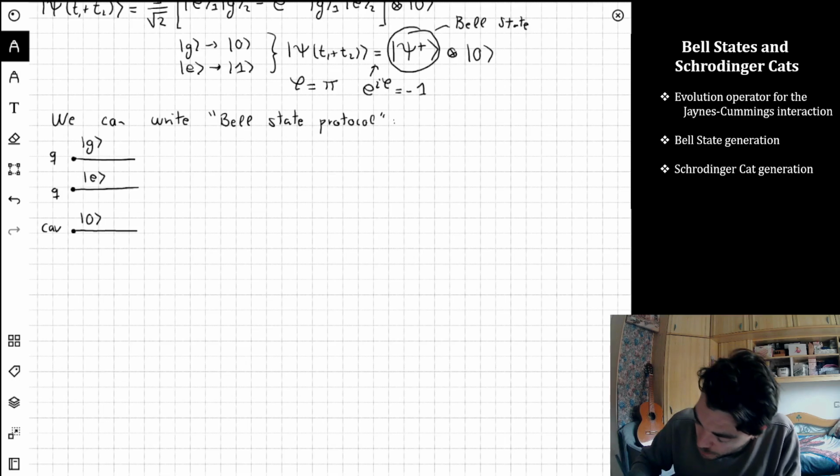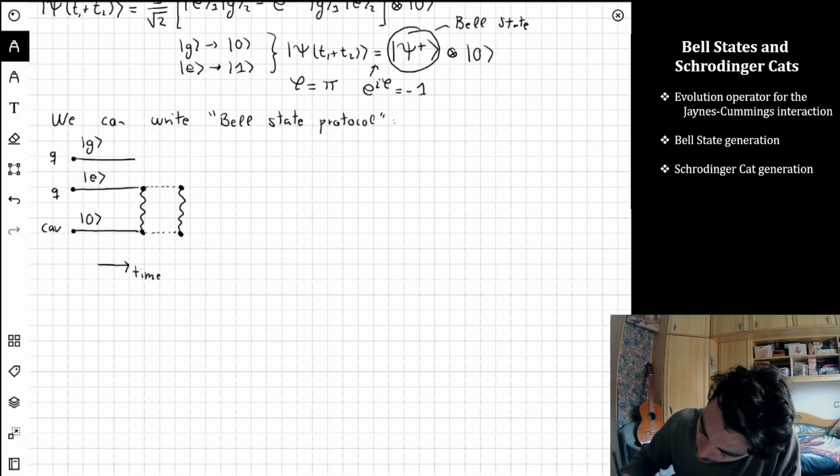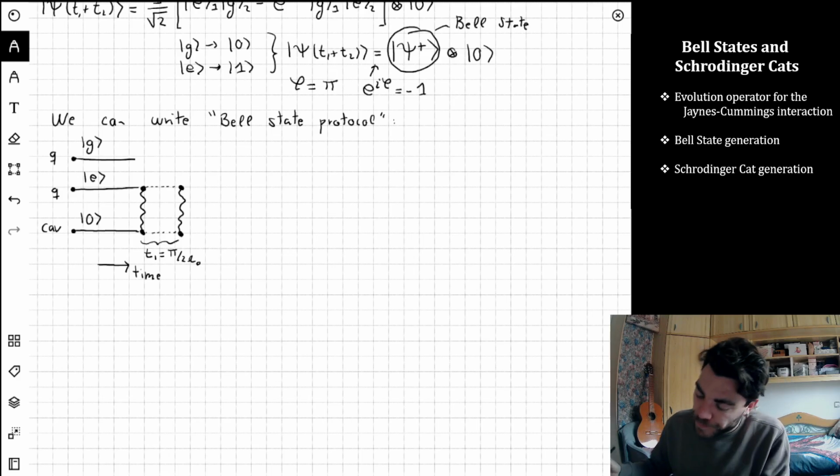And what we did is, this qubit here, the second one, we make it interact with the cavity. Let's visually write it in this way. Here time is going in this direction, and this time was t1, that was pi over 2 omega 0.